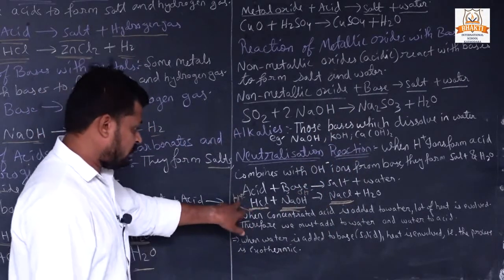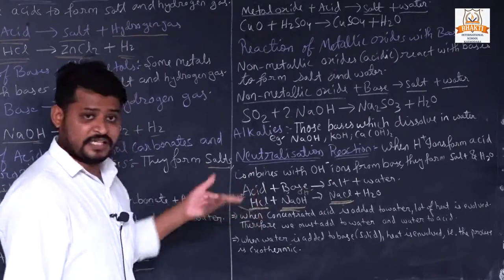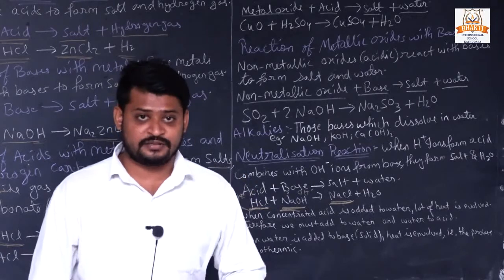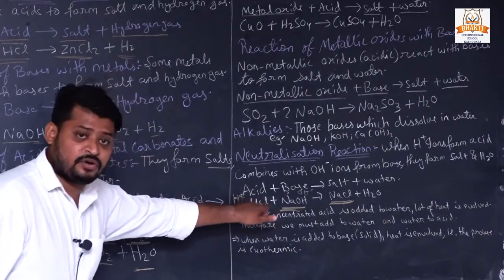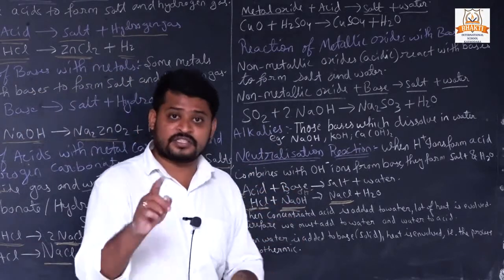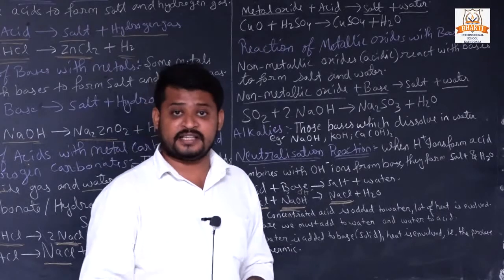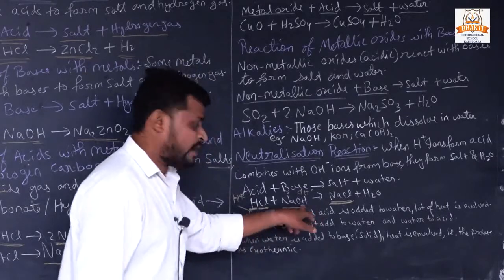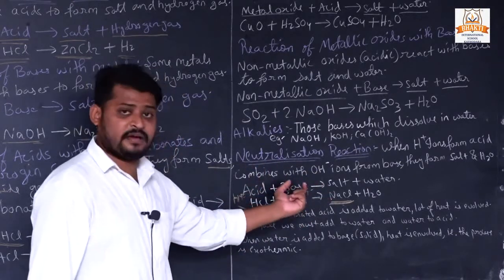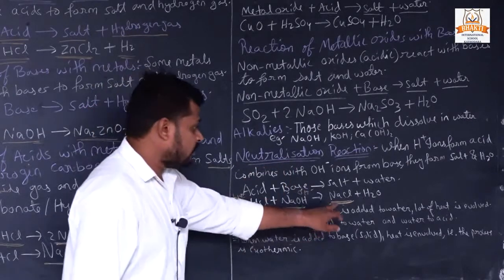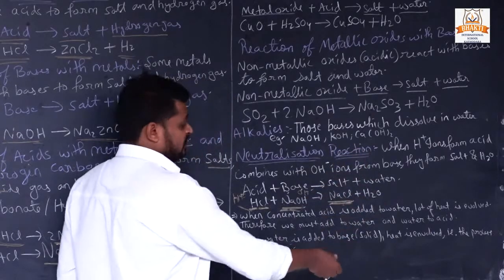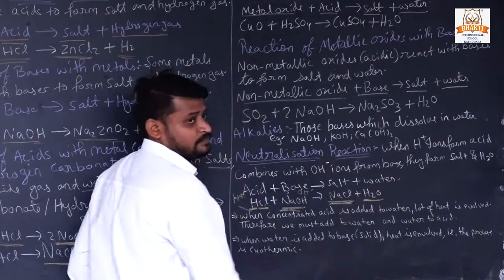What is an acid? Those substances which give H plus ions in aqueous solution. So HCl is an acid, and it gives us H plus ion. What is a base? Those substances which give OH minus ions in aqueous solution. So NaOH is a base, and it gives us OH minus ion. When H plus ion and OH minus ion combine, it gives us salt, NaCl, and another thing it gives us is water.